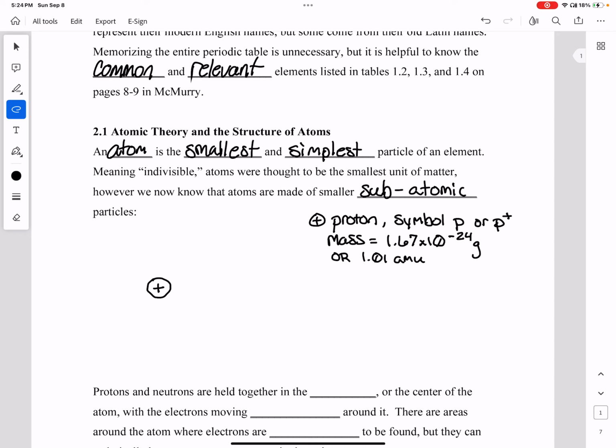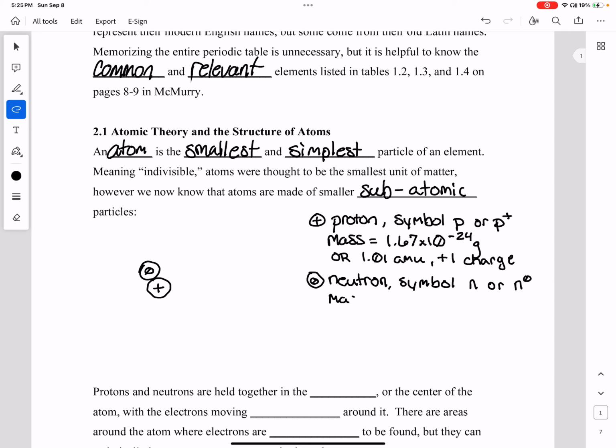We also have another subatomic particle, the neutron. I'm just going to put a 0 in that. Oh, and another thing to say about the proton is a +1 charge. Okay, so this neutron is given either just an N or an N with a 0 up top. You'll see both of those depending upon the textbook you're using.